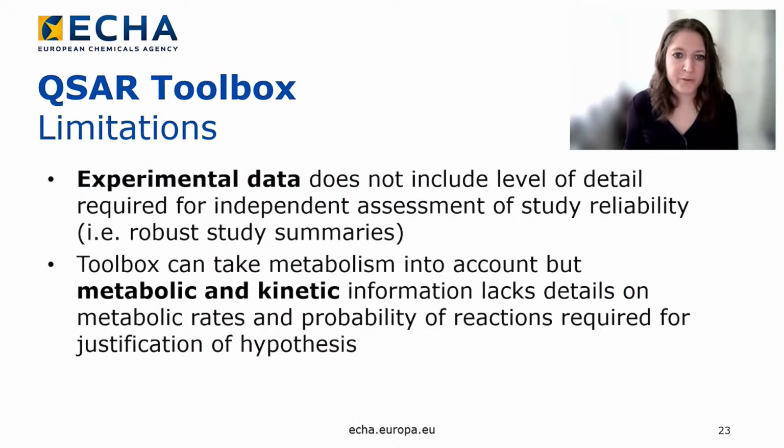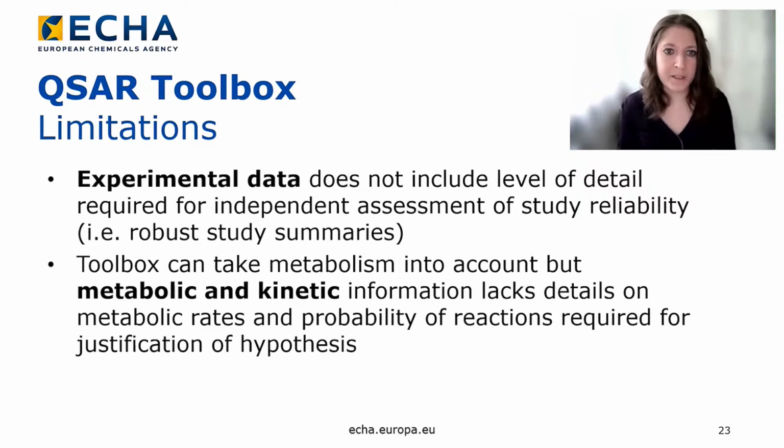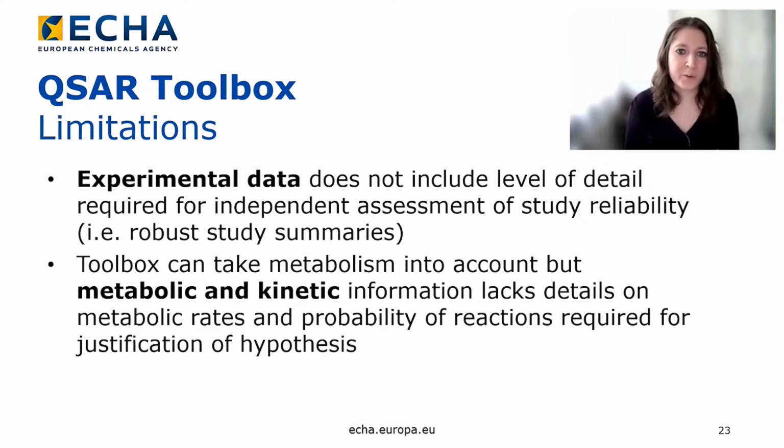In terms of providing all necessary supporting information for read-across submission under REACH, the QSAR Toolbox has some limitations. The experimental data included in the toolbox do not always include the level of detail required for an independent assessment of the study reliability. They do not always correspond to robust study summaries. And the toolbox is very helpful to provide information on potential or observed metabolism.